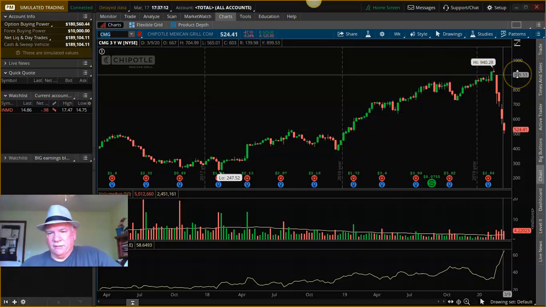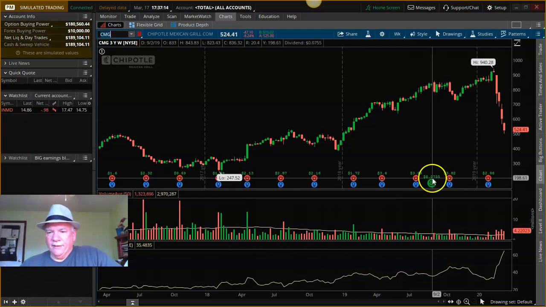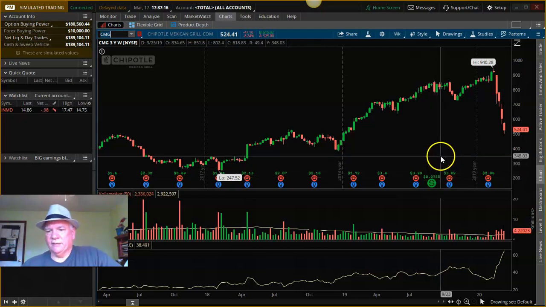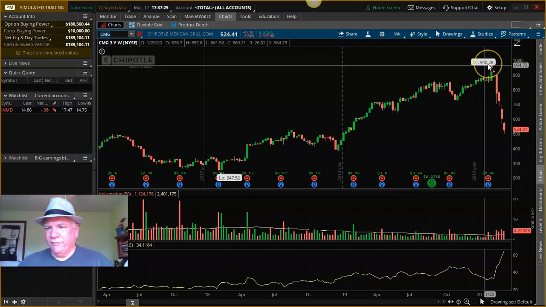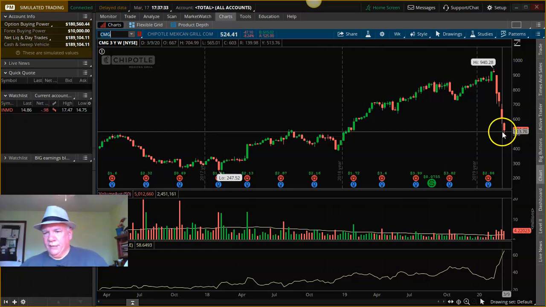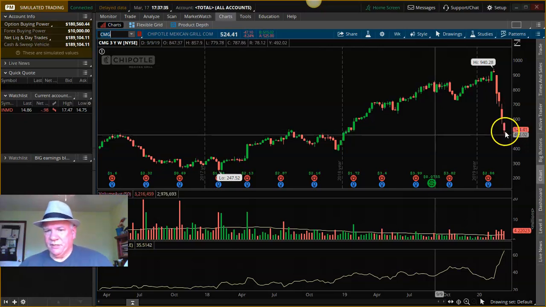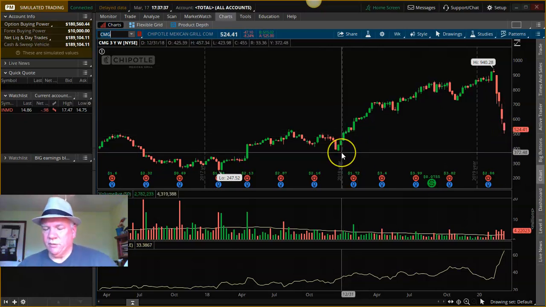Here's the dividend that it pays, 7 cents, which is not that much per share, compared to 51 cents a share over at AT&T. Plus, it's $940 a share, and it's come down quite a bit in the way the market pushes down. So this is pretty much a growth stock.